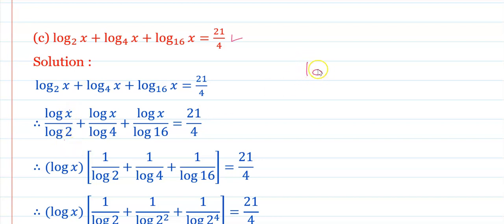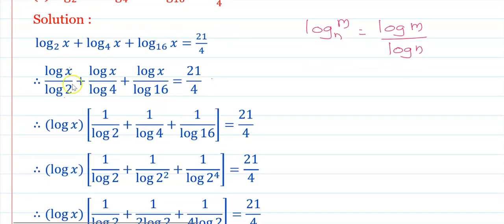Again, we will apply the property here: log of m to the base n is log of m upon log of n. Log of x upon log of 4 plus log of x upon log of 16 is equal to 21 upon 4. Again, take log of x as common: 1 upon log of 2 plus 1 upon log of 4 plus 1 upon log of 16.